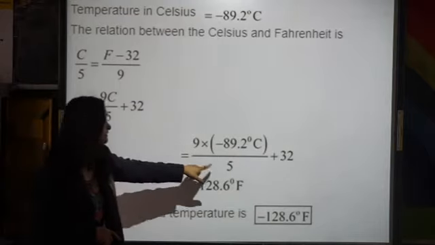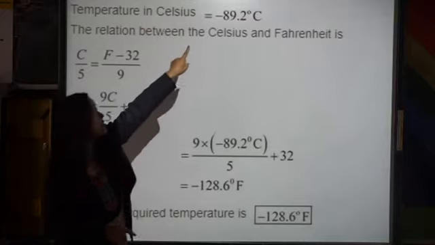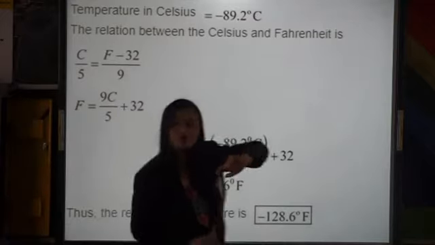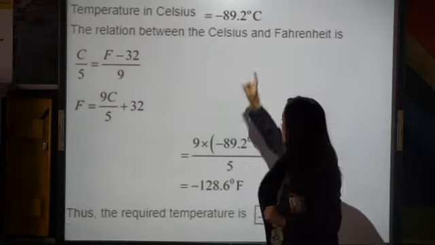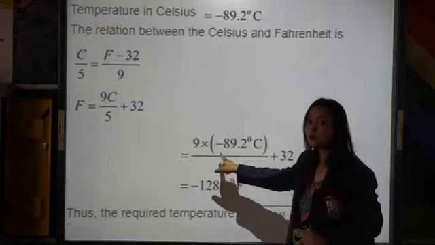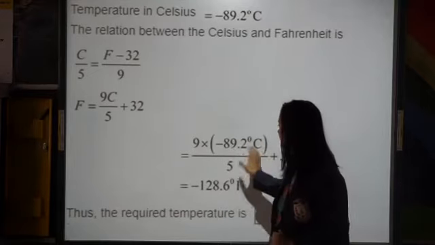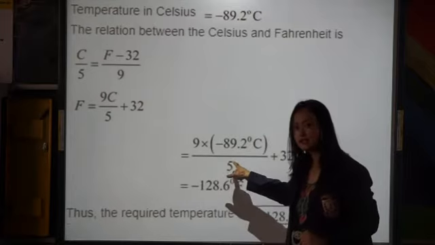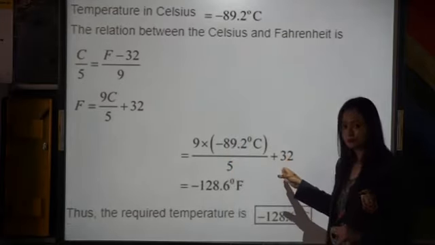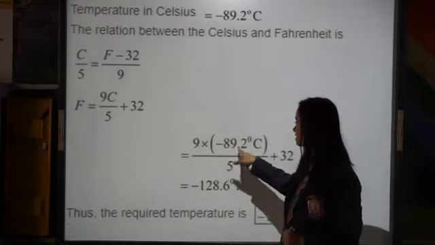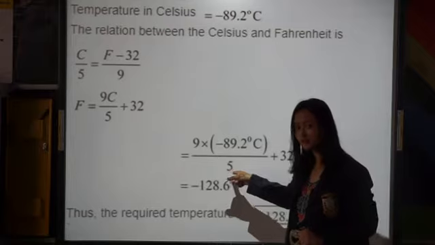So 9 by 5 is down there. Instead of C, what will we write? We write down the value of the temperature given here, minus 89.2. So where there is C, we write minus 89.2, plus 32. When you do the cancellation, first multiply with 9 and then do the cancellation with 5.